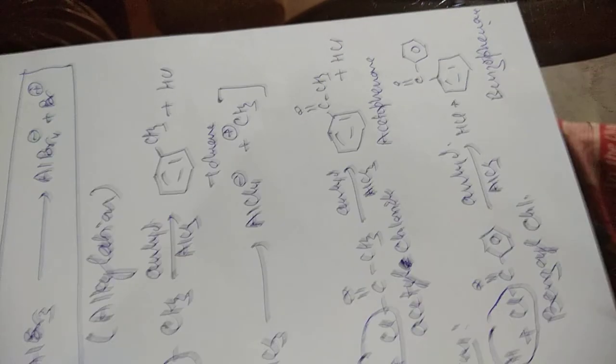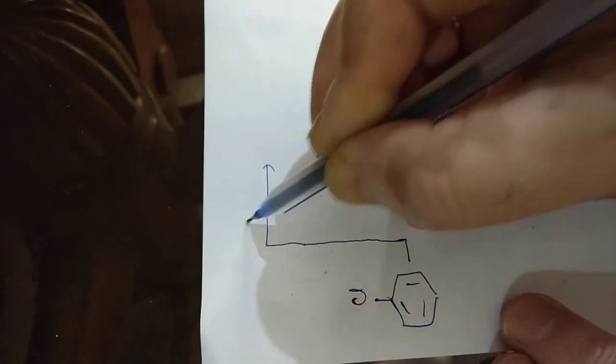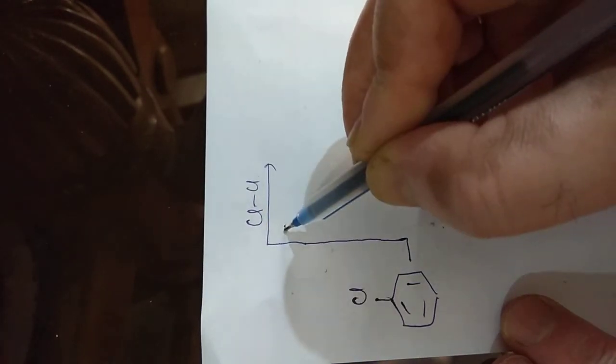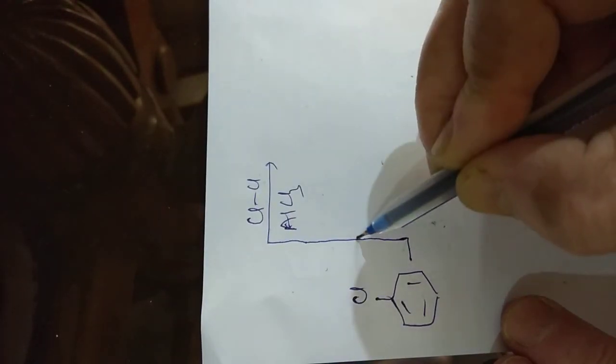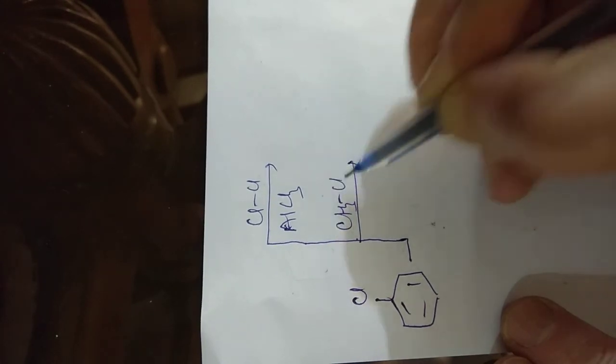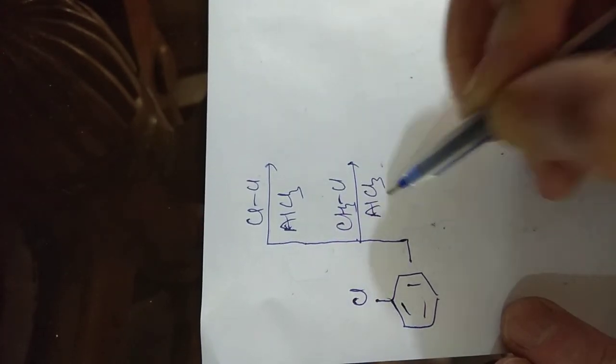Now here I want to add, we need not learn these reactions again and again, but the reaction will take place absolutely in the same way with chlorobenzene, with phenol, or with any substrate, of course. Suppose here I am taking chlorobenzene and we treat it with chlorine and anhydrous AlCl3, with CH3Cl and anhydrous AlCl3.